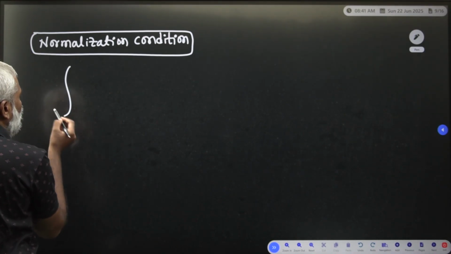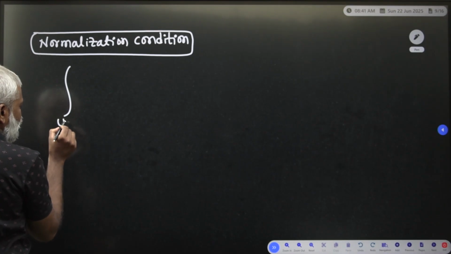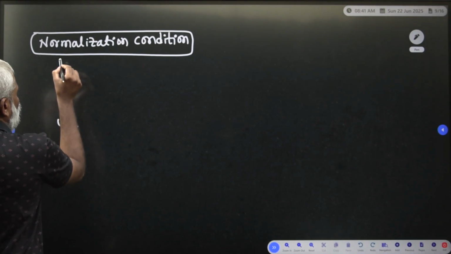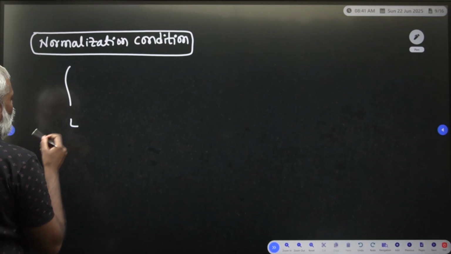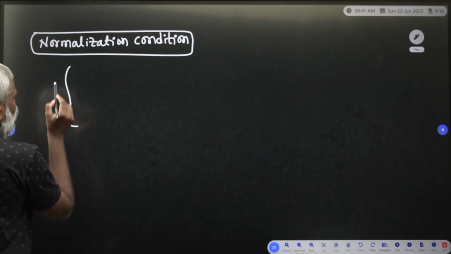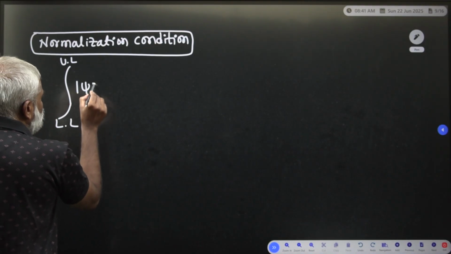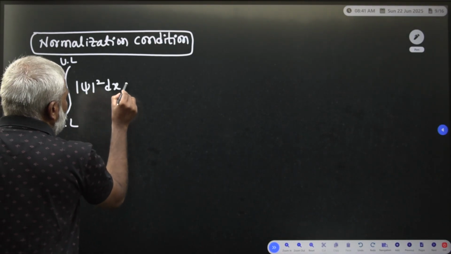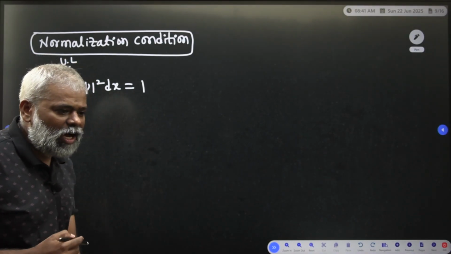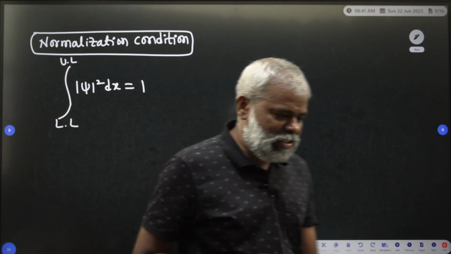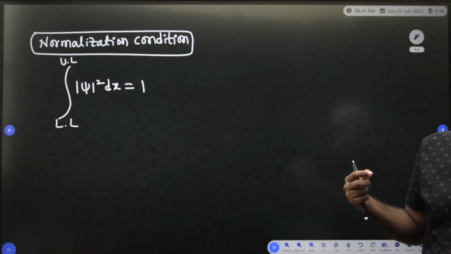So what is your normalization condition? Integral from lower limit to upper limit of modulus of psi square into dx is equal to 1. This is the normalization condition.